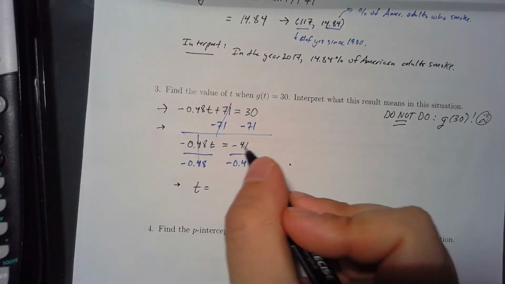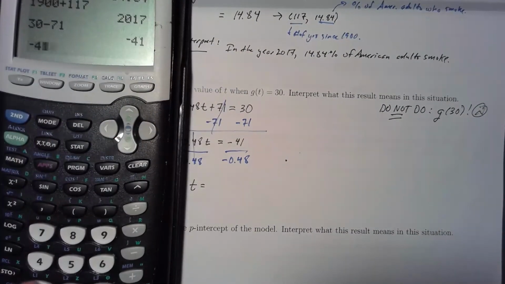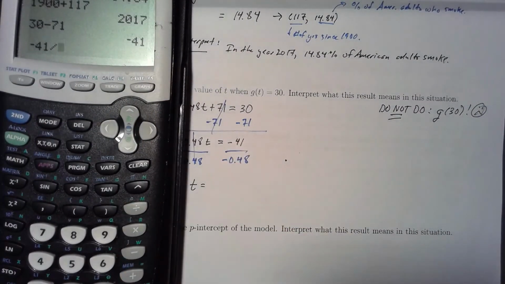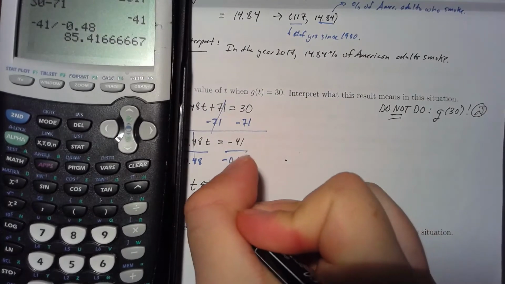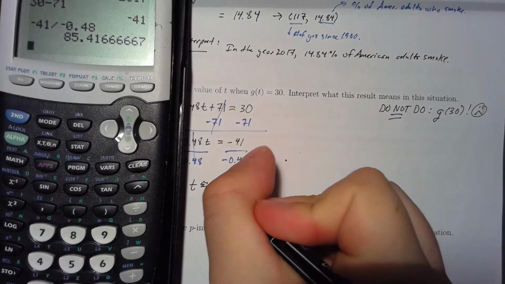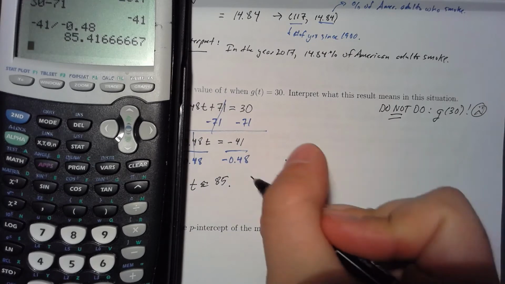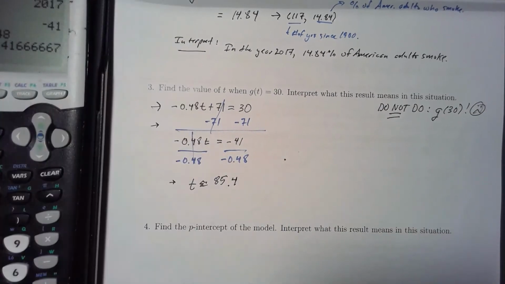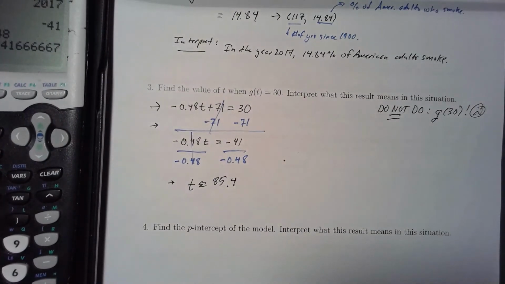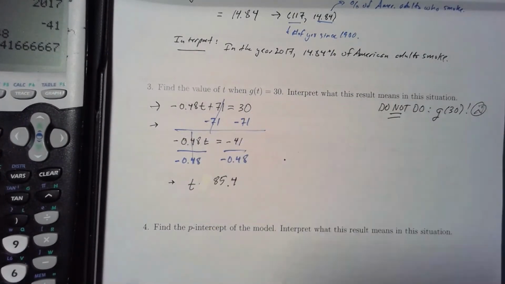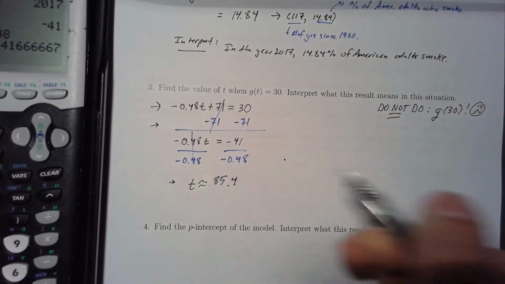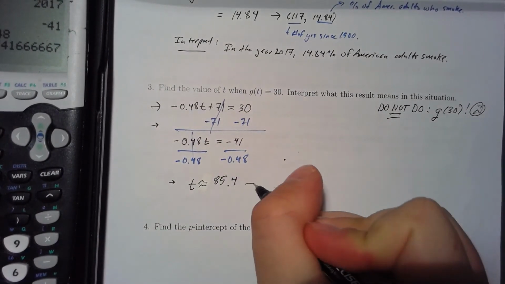So t equals negative 41 divided by negative 0.48 gives me 85.41. So that's approximately 85 point, oh okay, I'll keep it as 85.4. That's good. That's an approximate sign. This just means approximately.